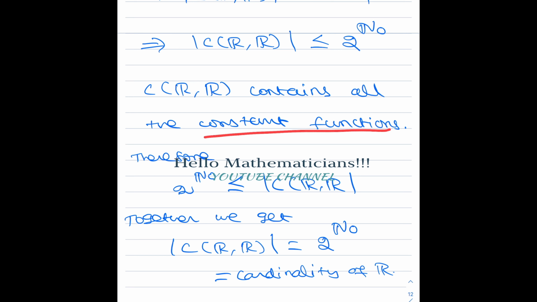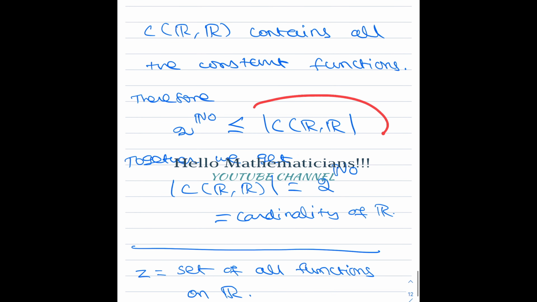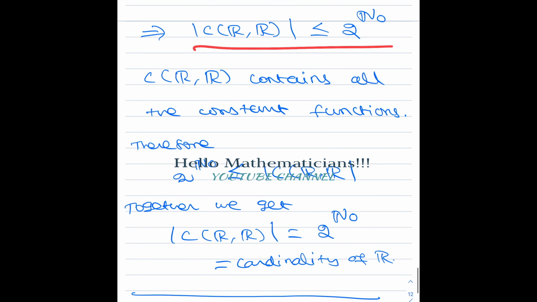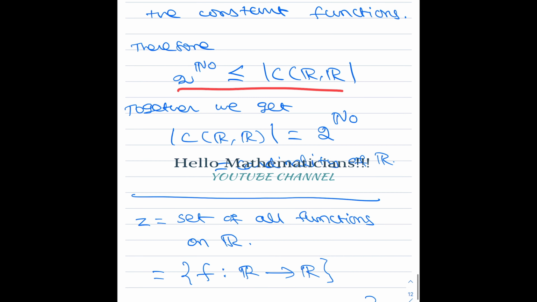These constant functions form a subset of C(R, R), therefore this set will have cardinality at least that of the constant functions. Combining these two things, we get C(R, R) has cardinality 2 power aleph naught.